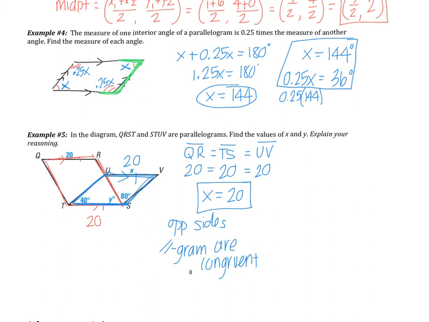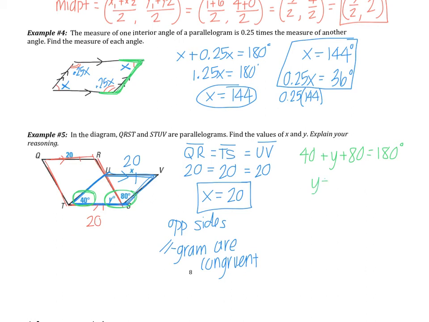I'm given, though, these two, which are consecutive interior on my blue parallelogram. So writing my blue parallelogram, I can do the fact that 40 plus y plus 80 would equal 180 because they're consecutive interior.